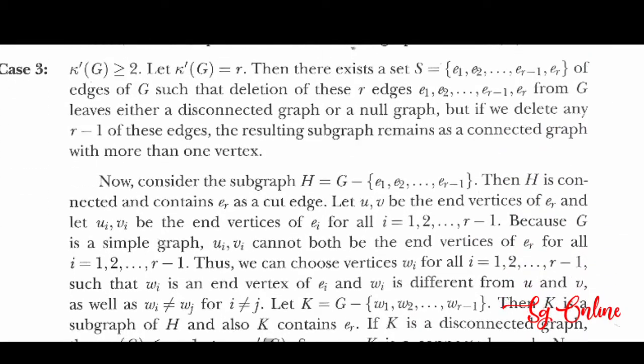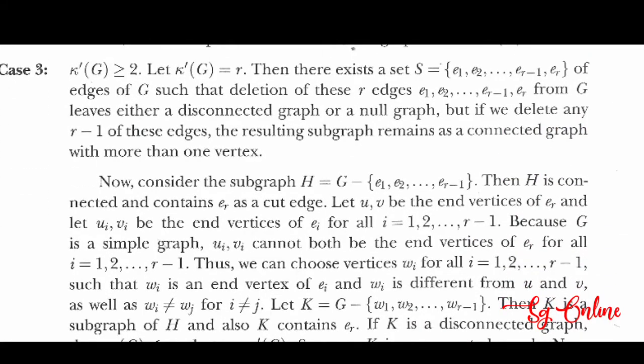Then the final case, where the edge connectivity is greater than or equal to 2. Suppose the edge connectivity is R, so we suppose these are the set of edges which have to be deleted to make the graph disconnected. We make it two parts, taking E1 to ER minus 1, and we separate the last edge ER.